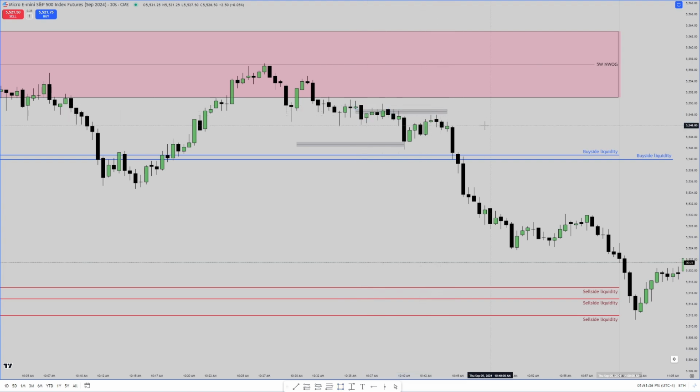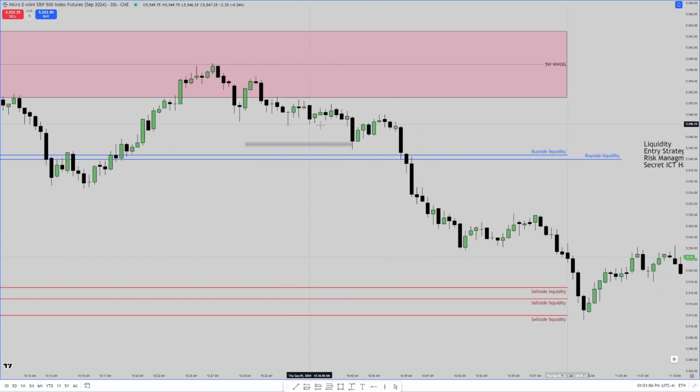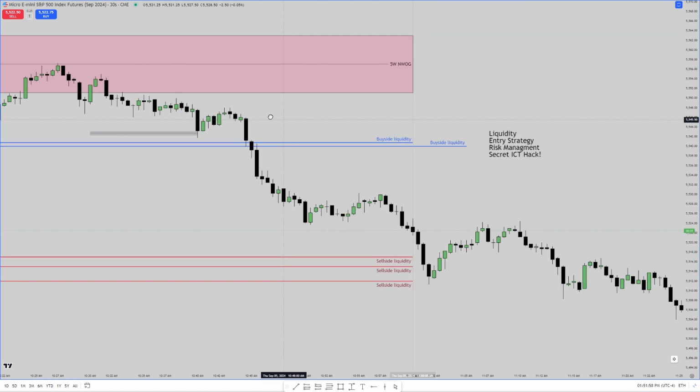Nice, just like that. And then you had the one that we outlined earlier, smaller. Every hour, there will be an opportunity for a fair value gap entry between 10:30 and 10:40. It will happen 11:30 to 11:40.